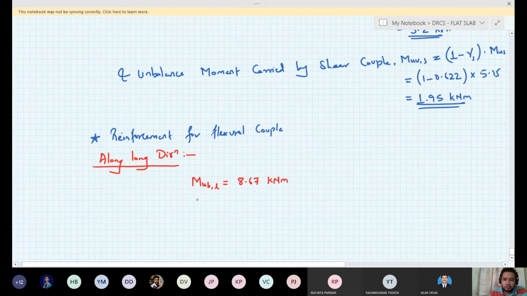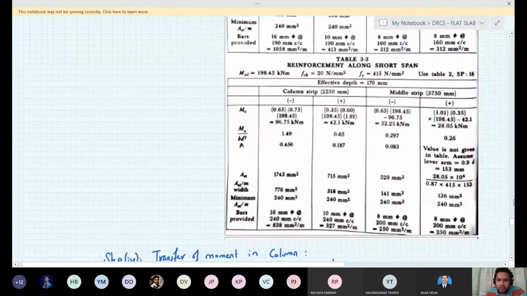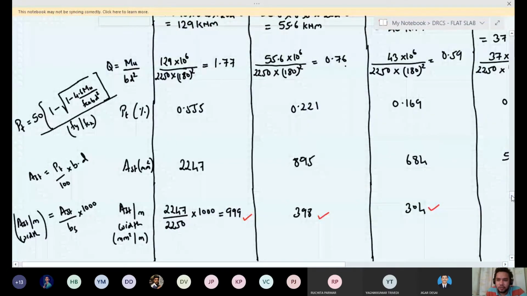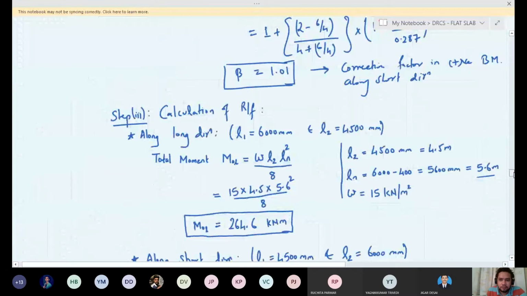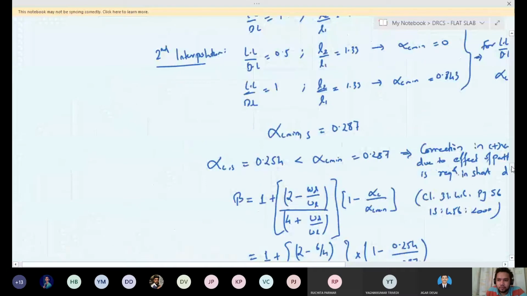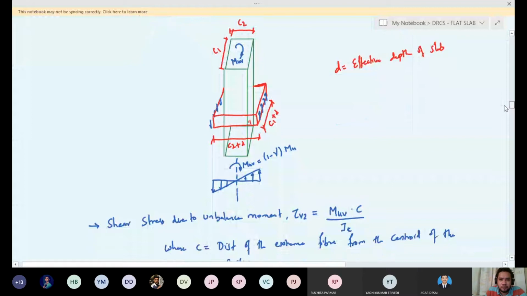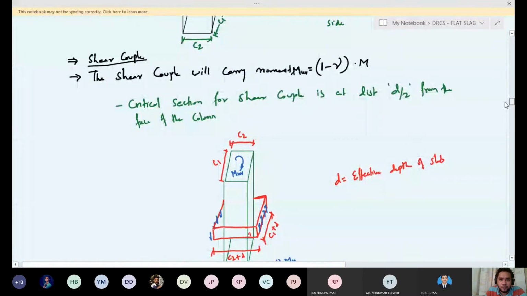For that, if you go to the theory part, the critical section for the flexural couple is this, and this is for the shear couple.